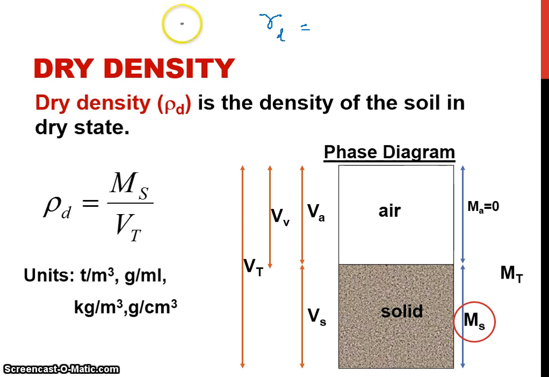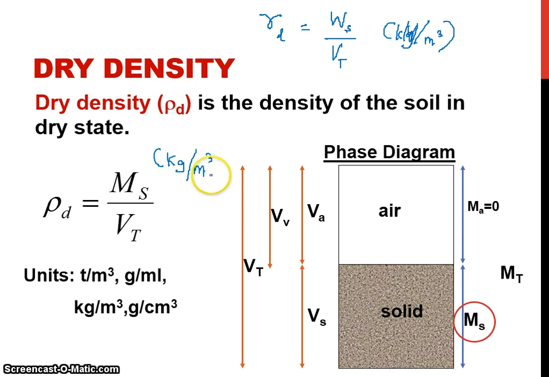So unit weight of dry, similarly, weight of solids divided by volume total. So we get the weight dry. So this is in kilonewton. This one, the mass is in kilogram, so density is kilogram per cubic meter.